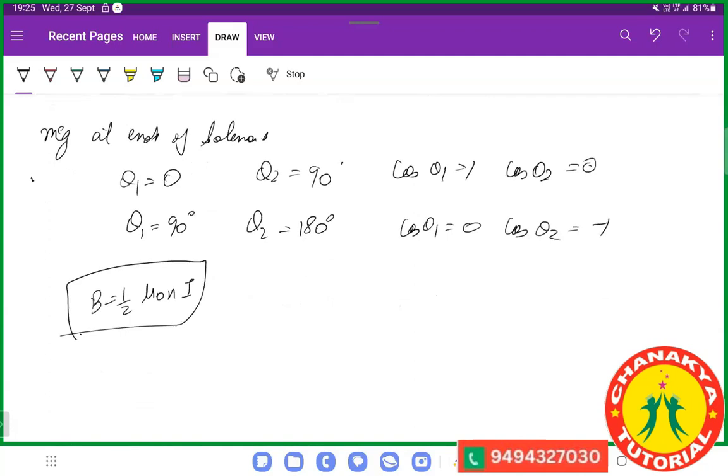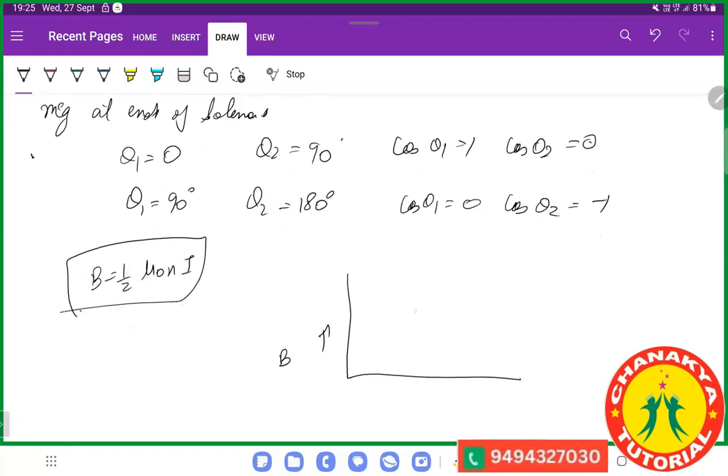So what are we getting from this? We can make one graph of magnetic field B against distance along the solenoid.